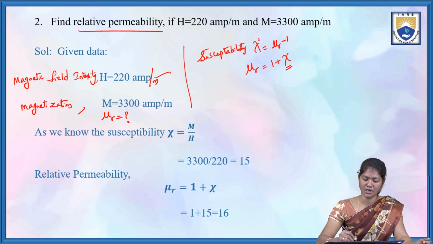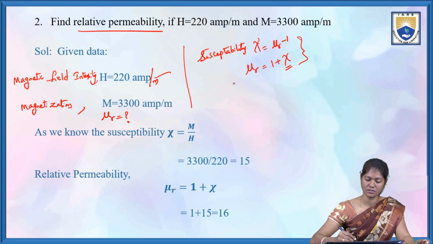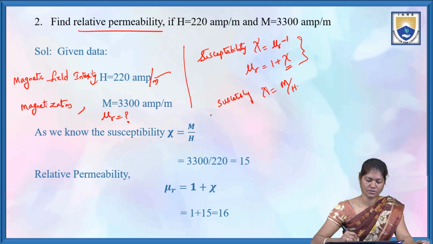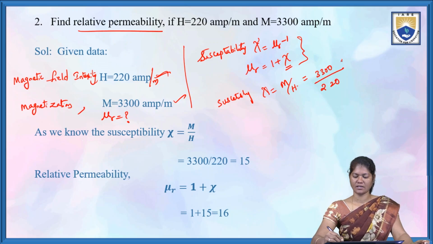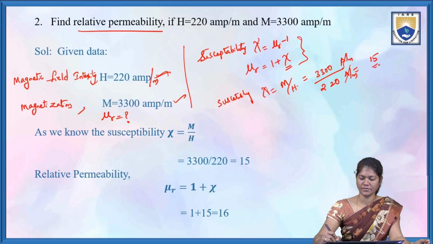From the relation between susceptibility and magnetization, chi is equal to M by H. We have H and M, so M is 3300 divided by 220, ampere per meter divided by ampere per meter, so it is equal to 15. So the susceptibility chi is equal to 15.